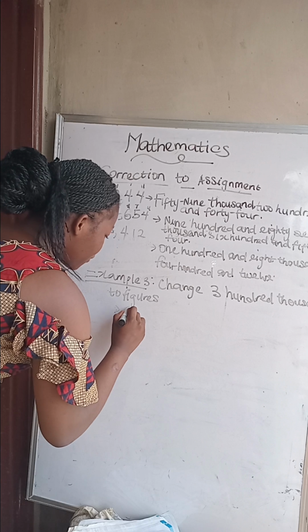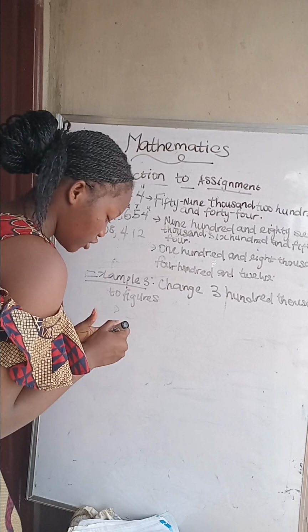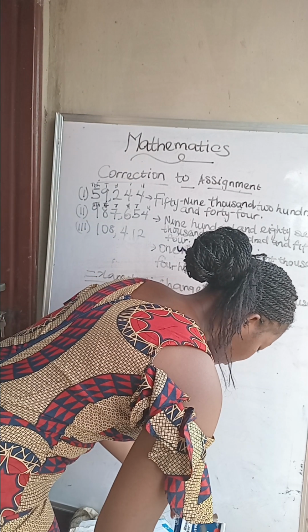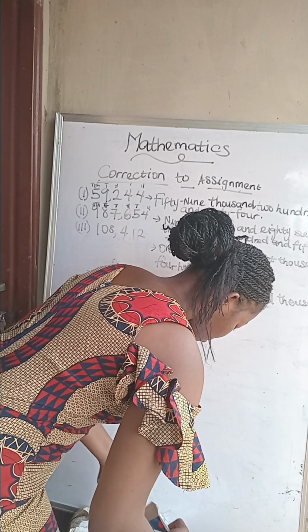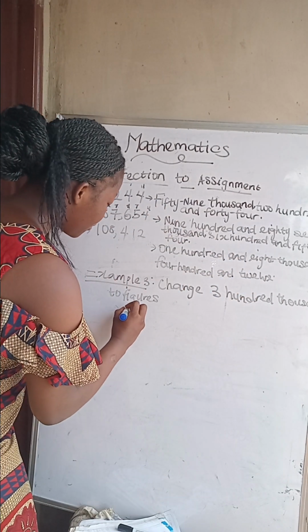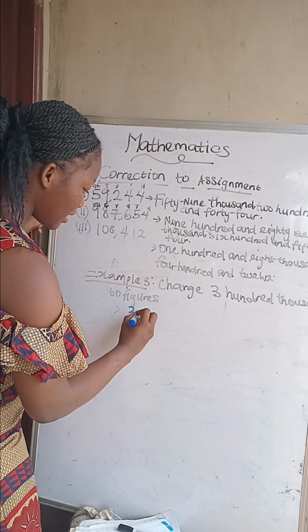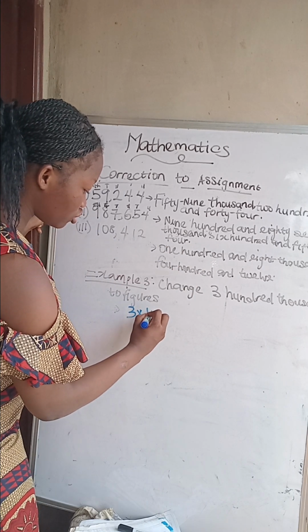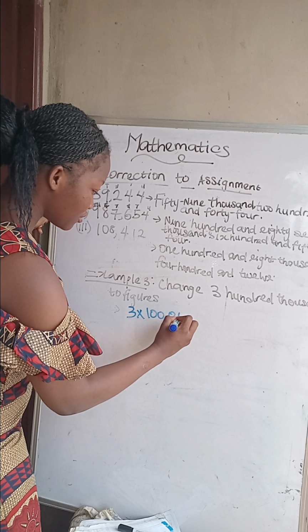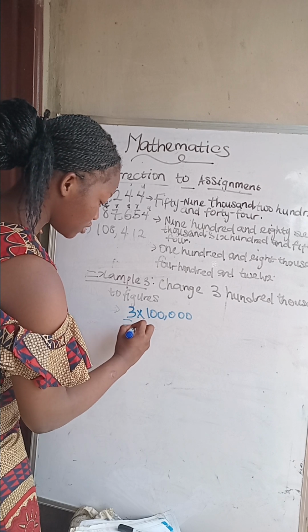So we have 3. Sorry, I'll change my marker now. So we have 300,000. That's 3 times 100,000. So that's what?